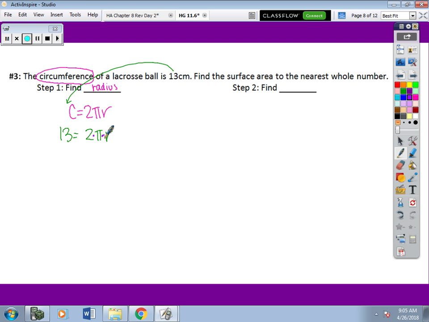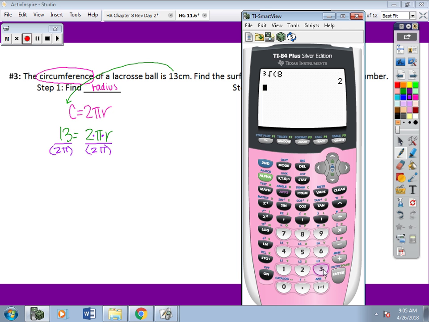Marquise? Good. Undo multiplication with division of 2 pi. Now, if you're going to type this in your calculator, you will need to group the 2 and the pi together, because otherwise it's going to divide by 2, and then it's going to multiply by pi. So 13 divided by parenthesis 2 pi.